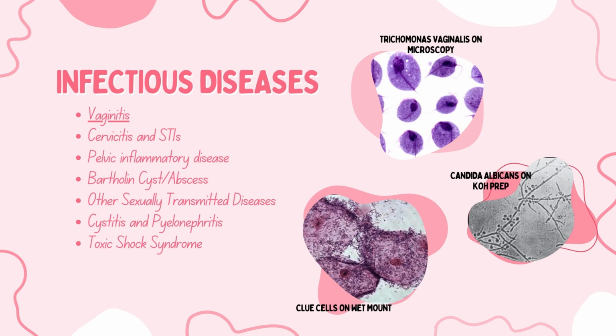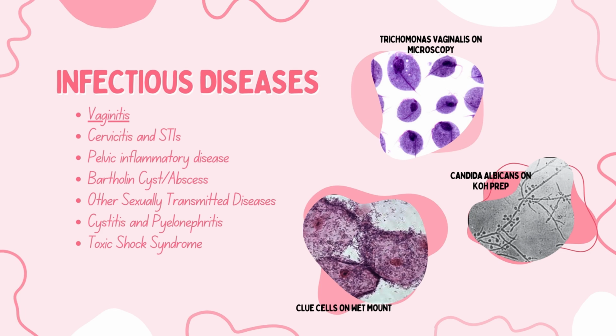The main key words here are copious malodorous discharge, worse with menses. You're going to have postcoital bleeding, dyspareunia, painful intercourse, dysuria, might have frequency, vaginal pruritus or itchiness, or erythema.